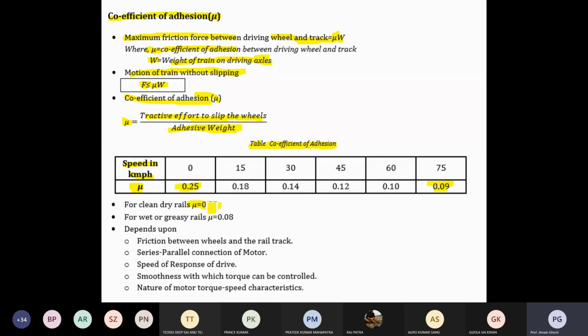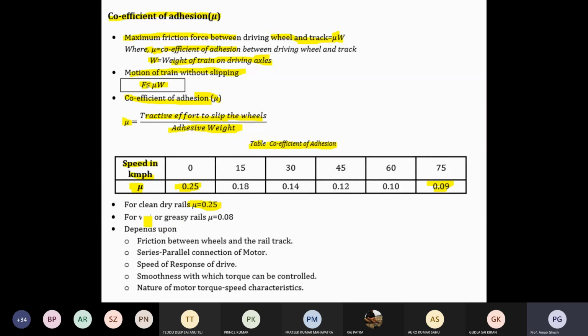Then there is a chance of slipping, so that's why a sander, a relay and a protective device are also there, which are responsible for sanding the railway track.